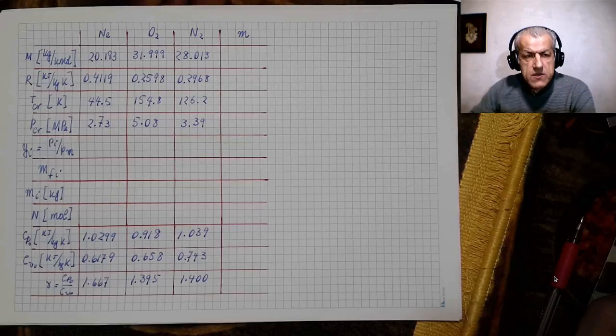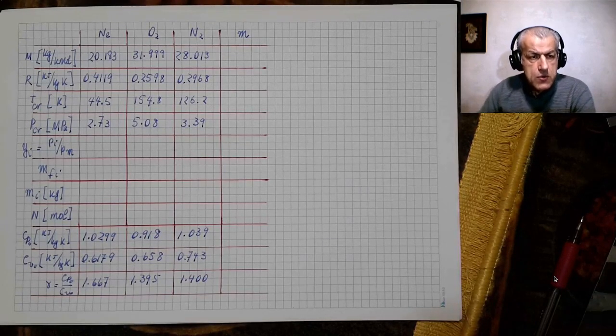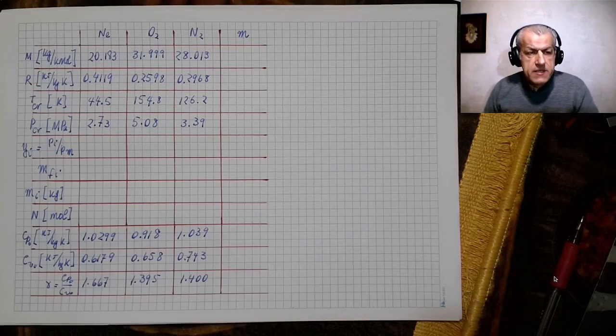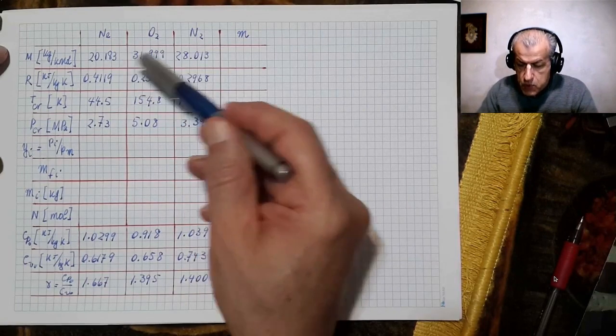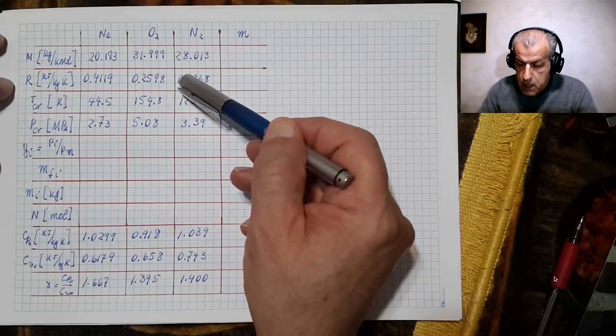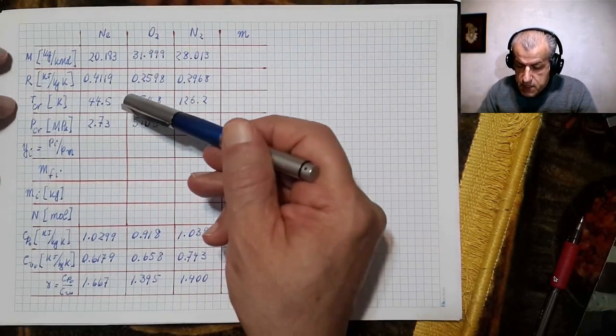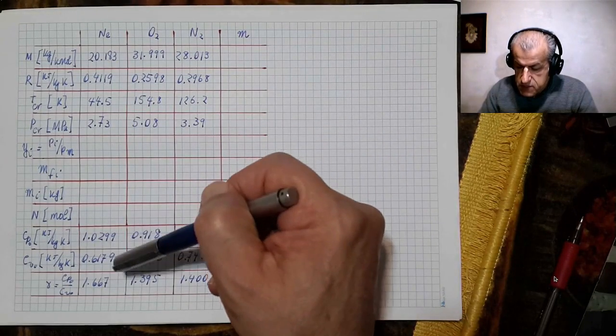Now I have transferred all those data from those two tables into this table. This is all we need: the molar mass, R, TCR, PCR, and CP0, CV0.